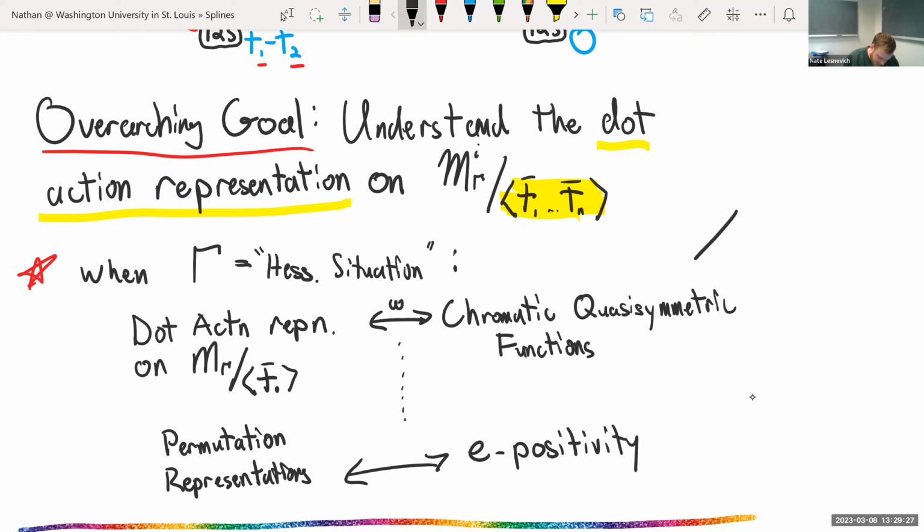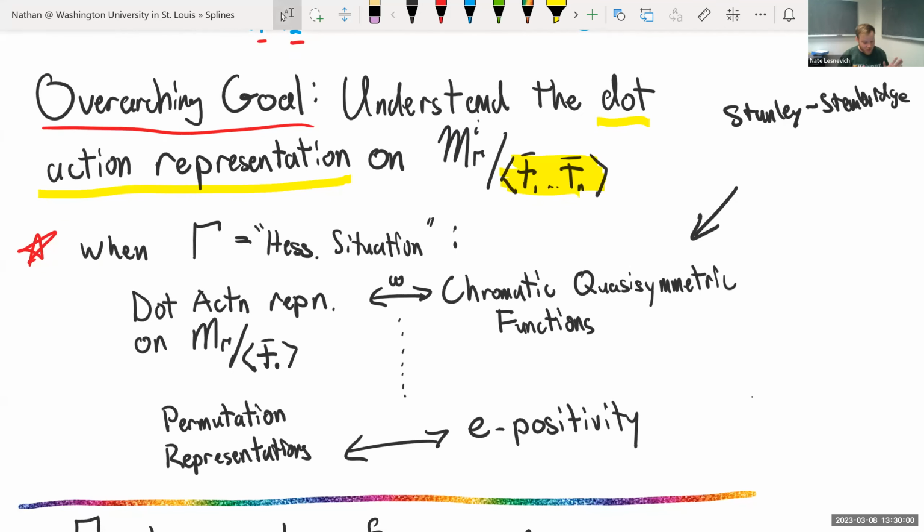So this is getting into Stanley-Stembridge conjecture questions, Shareshian-Wachs conjecture and Brosnan-Chow theorem questions, all of that stuff. We're taking a generalized look at it. We're taking different graphs.